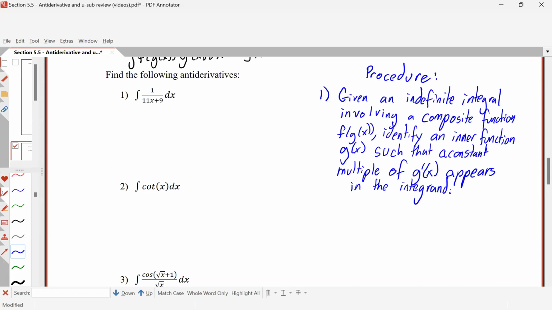Once we identify that function, and again, we're looking for a function where we also see its derivative, we're going to take that function and call it u. And we're going to take the derivative of that function.